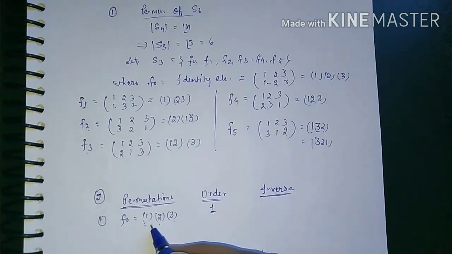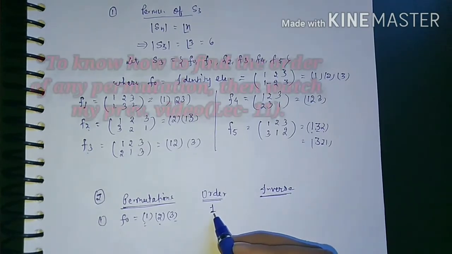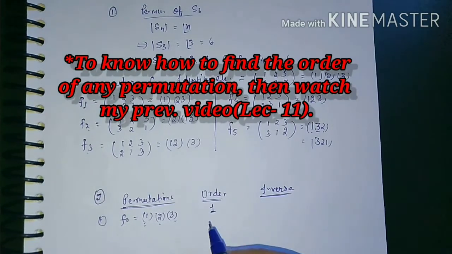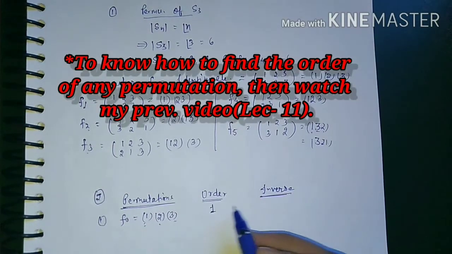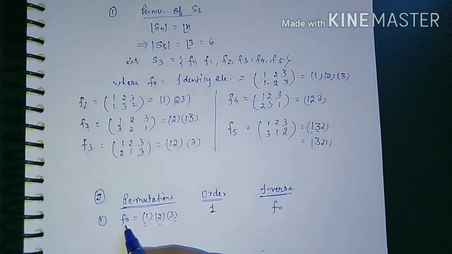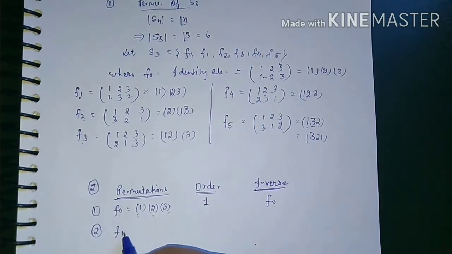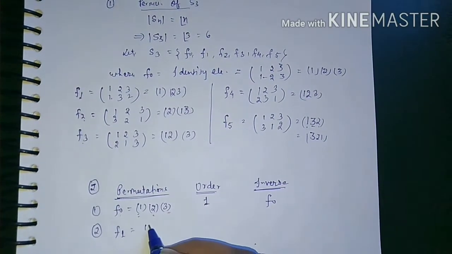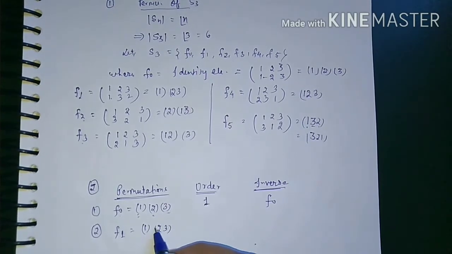So the LCM of 1, 1 and 1 is 1. So the order of F0 is 1. We know that any identity element is self-inverse. That is, the inverse of F0 is F0 because it is the identity element. And for the element F1, it is equal to (1)(2,3).